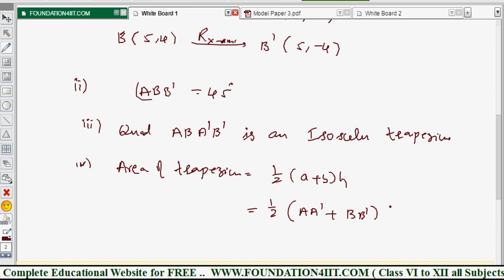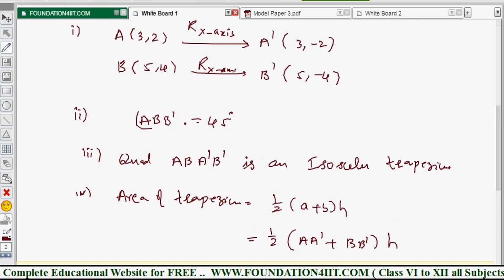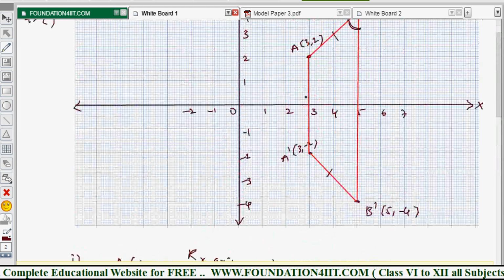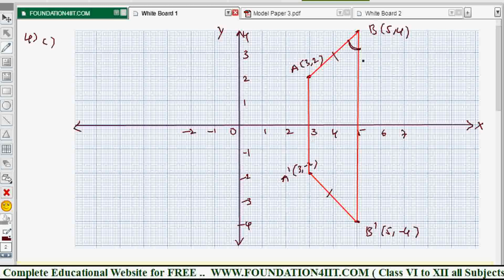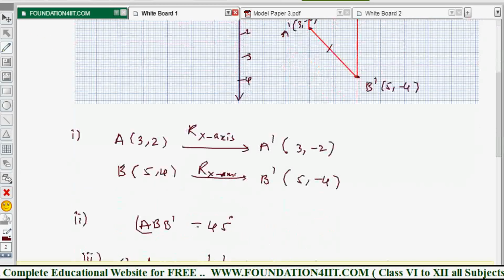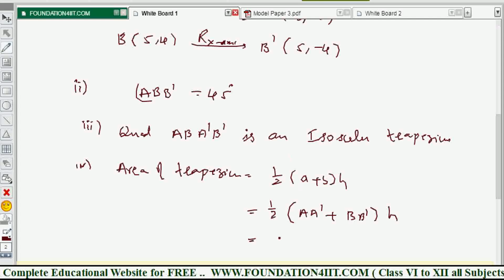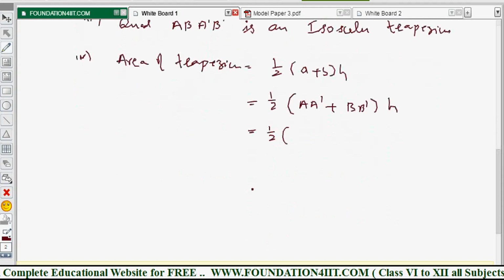AA dash is 4 units and BB dash is 8 units, 1, 2, 3, 4, and the distance between them is only 2 units. Just apply the rule: 1 by 2 into (4 plus 8) into 2. The 2s cancel, so we get 12 square units, right? This is the area of the trapezium.